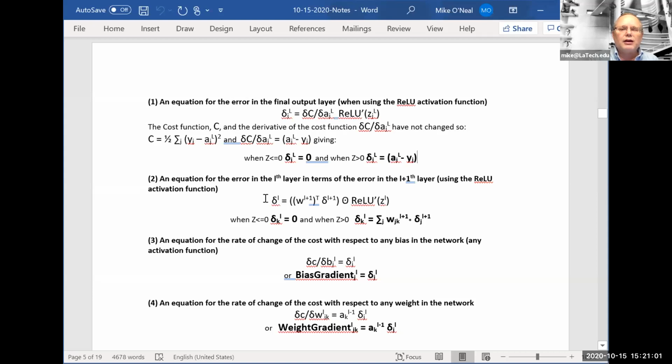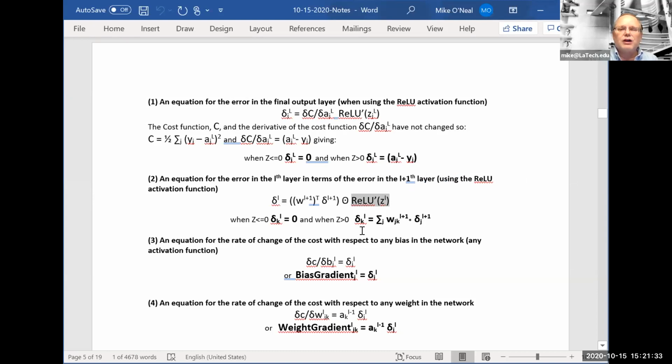How about the intermediate layer? Well, you still have the weighted sum of the errors, of the biases, just like before, right? But now instead of the derivative of the sigmoid, we have the derivative of the ReLU, which again is either going to be 0 or 1. So if it's 0, then it doesn't matter what any of this is, you're going to get a 0.